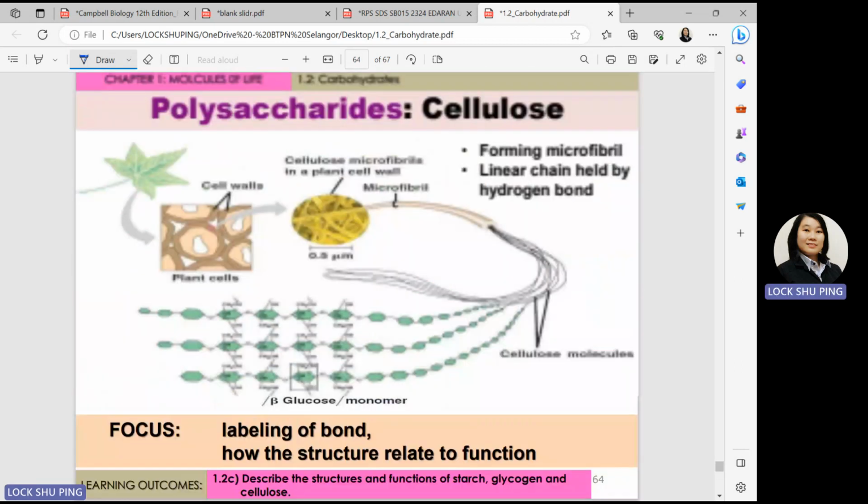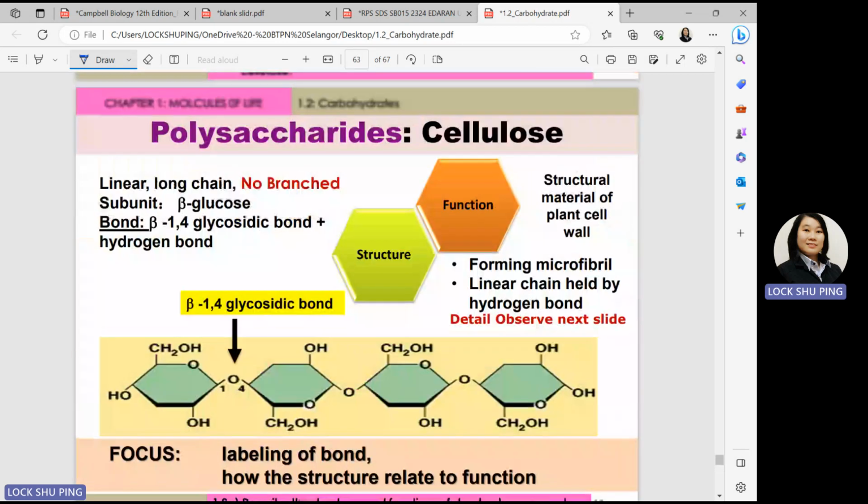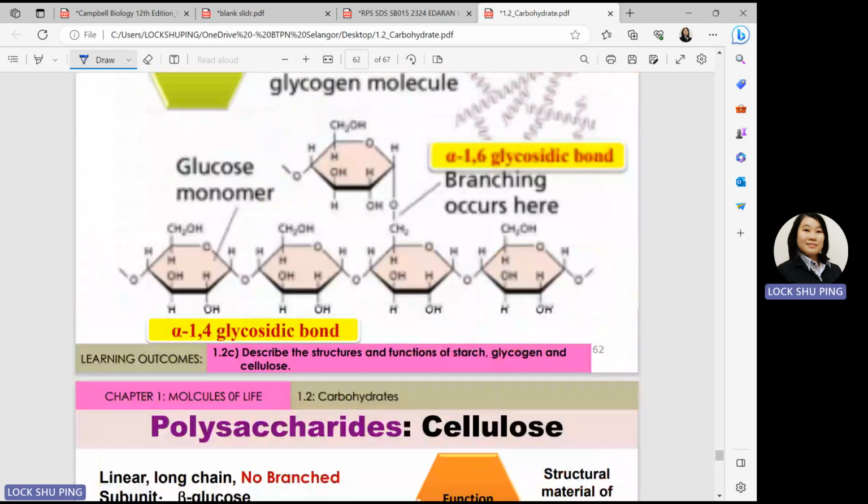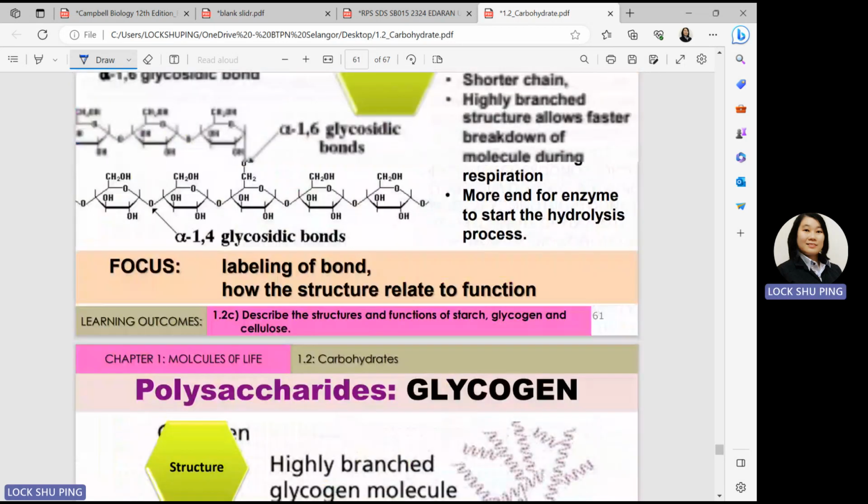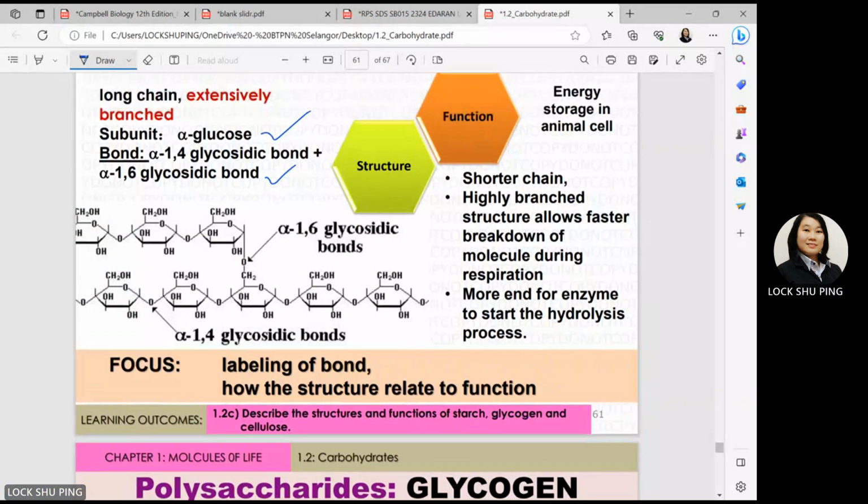So what is the advantage when the glycogen has more branches? Again, when it has more branches, meaning more glucose can be stored. And with higher branching, the long chain of the molecule becomes shorter, so they are not forming a very long chain.